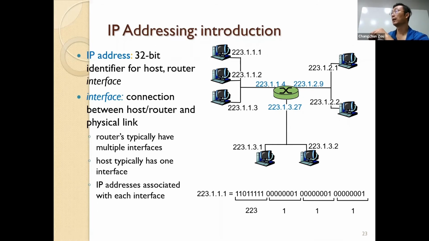They rely on the data link layer address, which is called the MAC address, to communicate with each other. So that is a local area network. Only when you go from one local area network to another do you need to go through the IP layer, the network layer, and the router's processing.